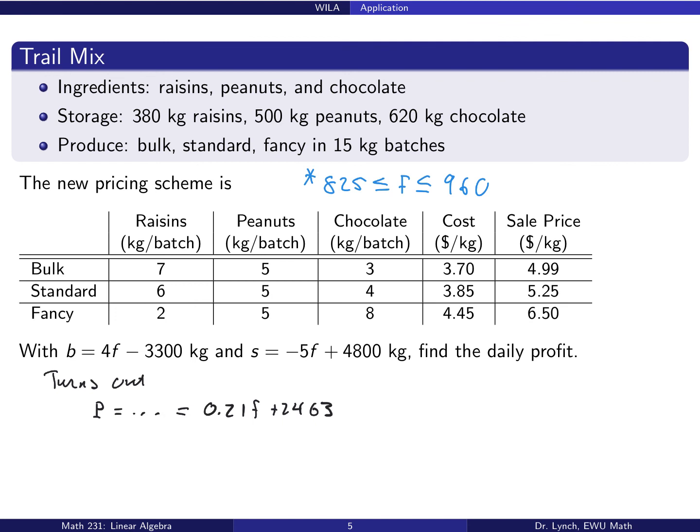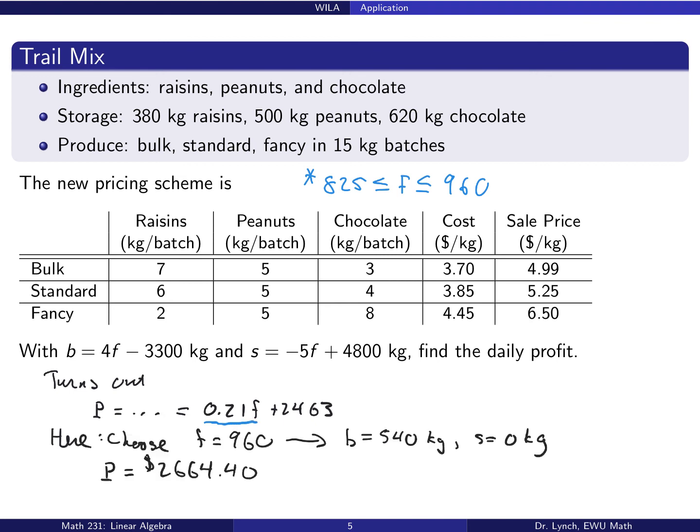Now you might imagine, in order to maximize profit in this case, with a positive coefficient here for the amount of fancy, we'll want to choose as much fancy as possible. With this new pricing scheme, choosing 960 kilograms for fancy to get the max profit, we use 0 standard and 540 kilograms of bulk for a profit of $2,664.60.